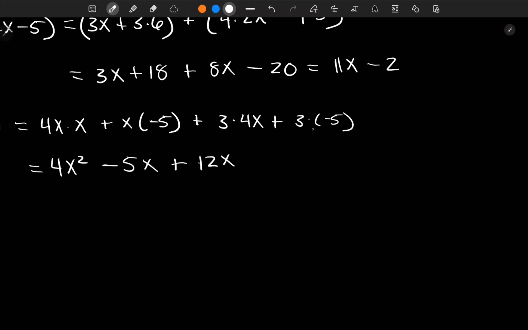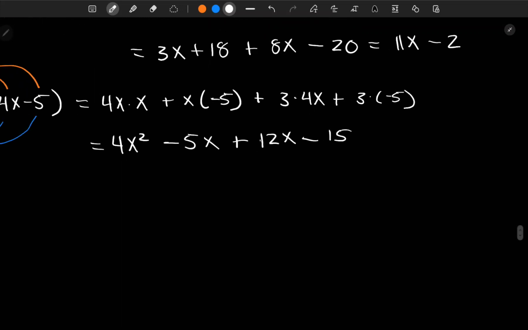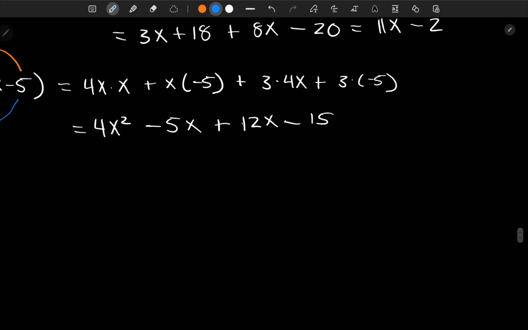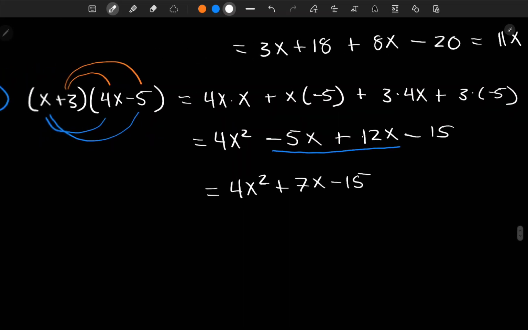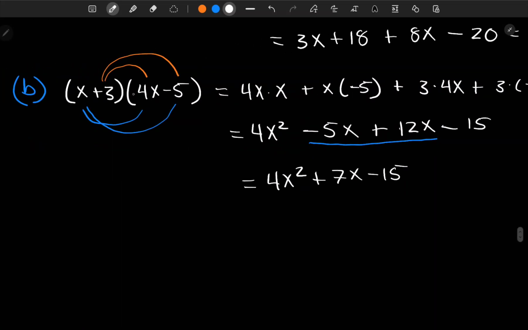And then it's plus 3 times negative 5. 3 times 5 is 15. And then the negative here means that this would be a minus 15. Then we can combine the middle two terms here such that 12 minus 5 is simplified to 7. So we can write 4x squared plus 7x minus 15. So that is what this is expanded into.